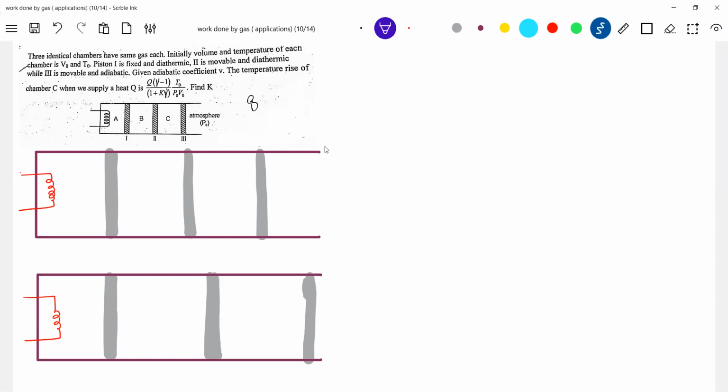Okay, let's get into the chambers A, B, and C, same A, B, and C. So what was the initial volume, V naught, P naught, T naught?